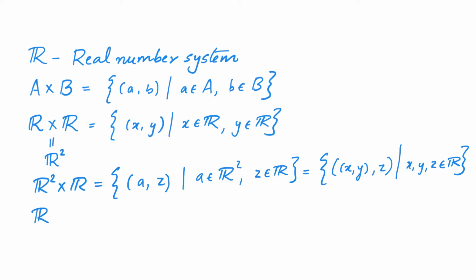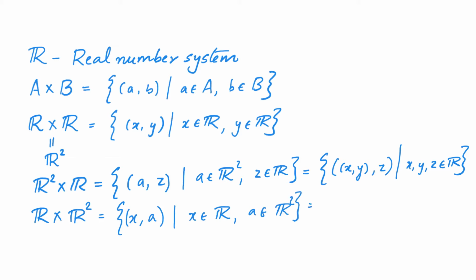Notice that if instead you had taken R cross R2, then you would get (x, A) such that x belongs to R and A belongs to R2. So this can be written as the set of all (x, y, z), where x, y, z belong to R. Now to begin with, these two objects, R2 cross R and R cross R2, look very different from each other.